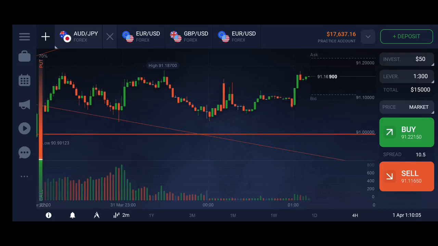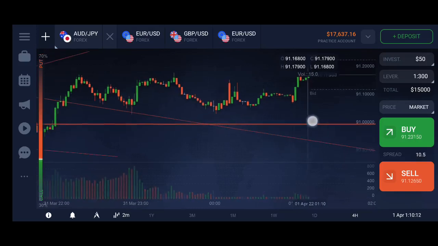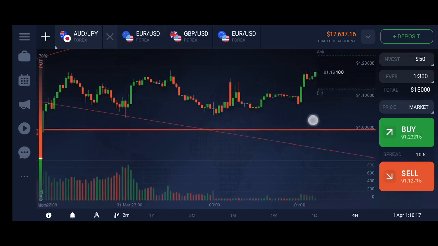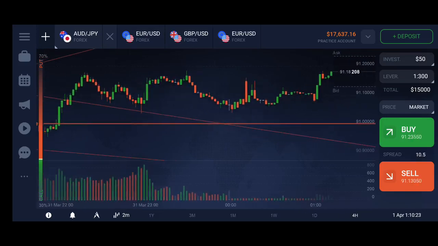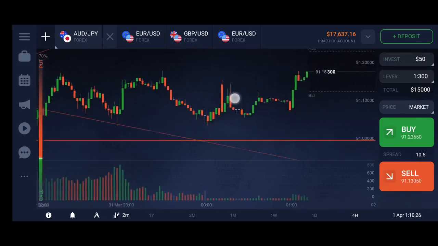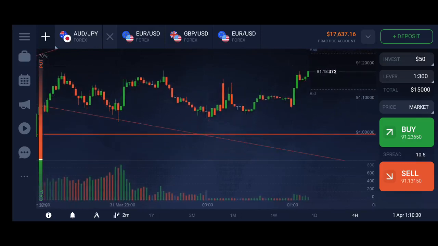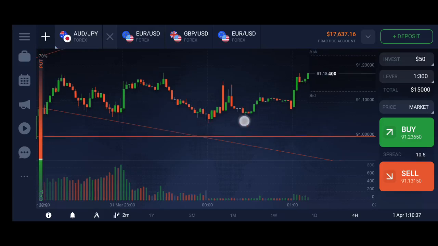You will not be able to detect whether it's going to take an upward or downward direction. But here, when it formed the bullish engulfing, the buyers overpowered the sellers and it took the upward direction. And here at this point it formed a bearish engulfing candlestick, meaning that the buyers were overtaken by the sellers, so it had to take a downward direction, as you can see.